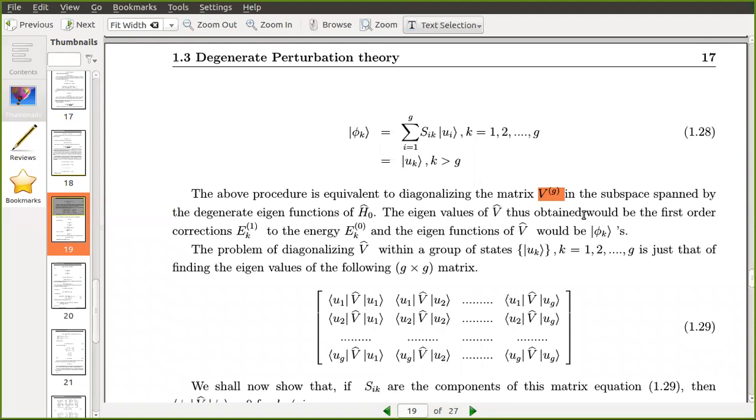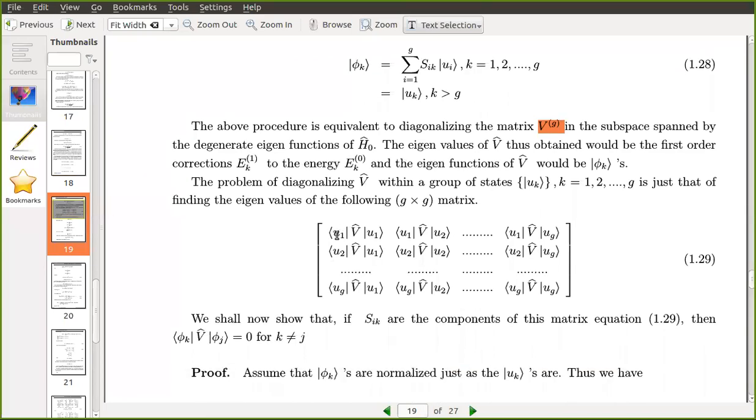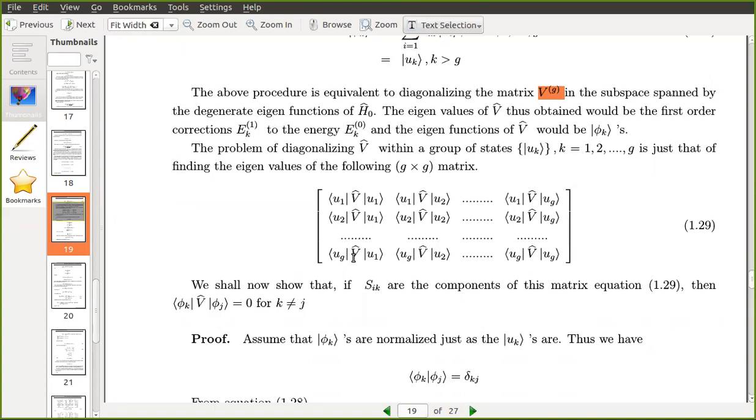So the eigenvalues of V obtained will be the correction factors. So the matrix V we are diagonalizing within the base of the unperturbed states u. This is the matrix element of V in the base of u. This is the place where we stopped yesterday.